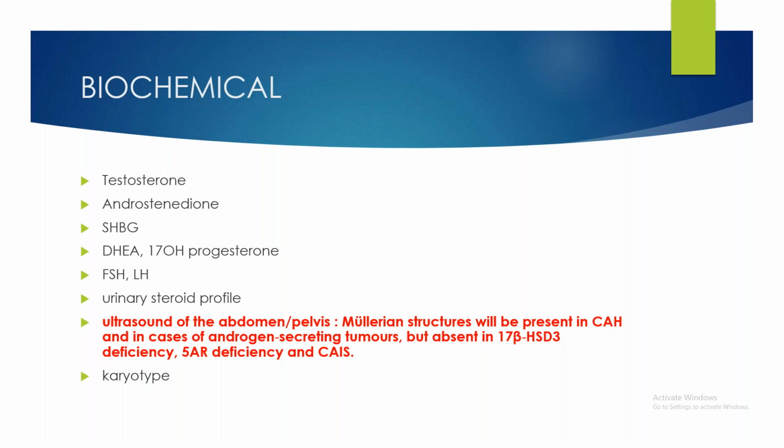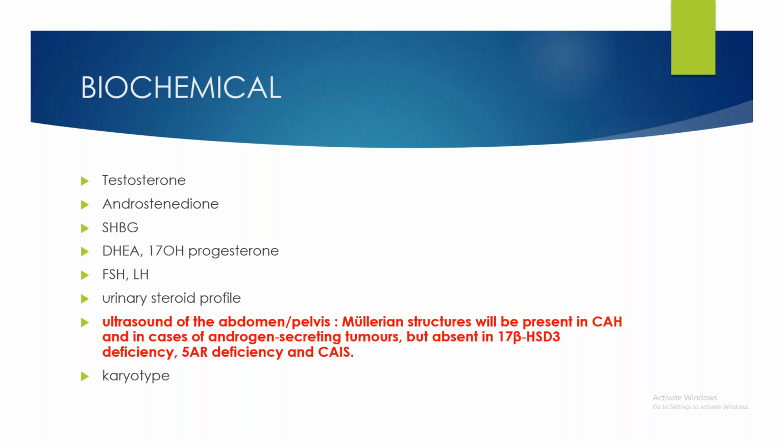Here, if the uterus, that is female internal genitalia, is present, then it will be congenital adrenal hyperplasia, or an androgen secreting tumor. Remember well: female karyotype, presence of uterus, and virilization with primary amenorrhea, then it is congenital adrenal hyperplasia or androgen secreting tumor.